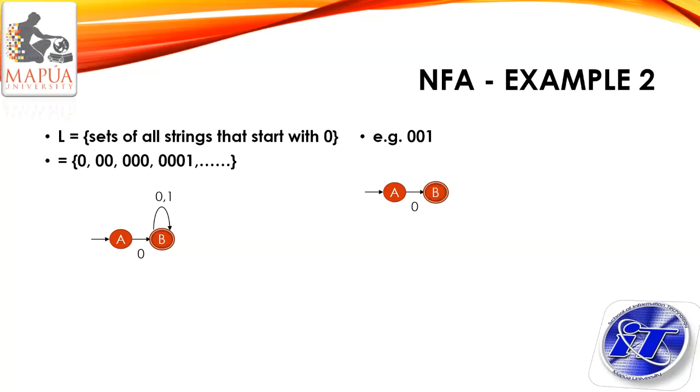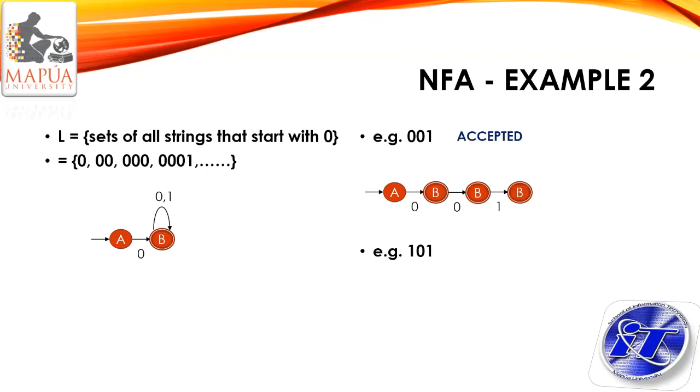Based on our automaton, it will just go back to B. And for 1, it will go back to B. So based on the path of our string, we have a path for 001 and it ends with B. Therefore, 001 is accepted.